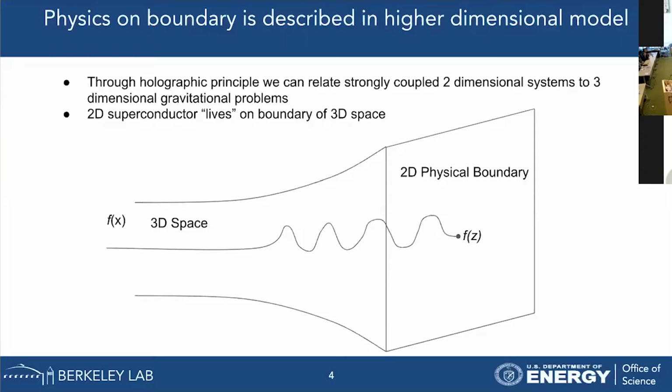Okay, so as I stated at the beginning, the ADS-CFT and the holographic principle is a very esoteric part of theoretical physics. It comes from string theory. So I'm not going to be able to explain the whole thing here, but the picture I want to put in your head is the idea that we're trying to describe a 2-dimensional system, a highly quantum, strongly coupled 2-dimensional system, which corresponds to a 3-dimensional system in Einstein's gravity.